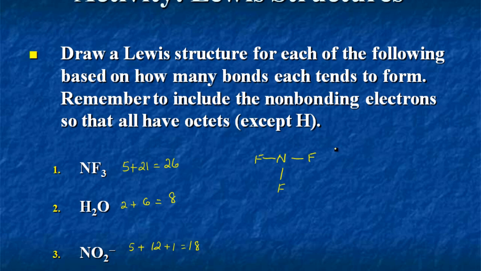We start with the peripheral atoms, and each of those fluorine needs how many more? Fluorine needs 6 more electrons, right? Remember the octet rule. So, you give 3 pairs to each fluorine.